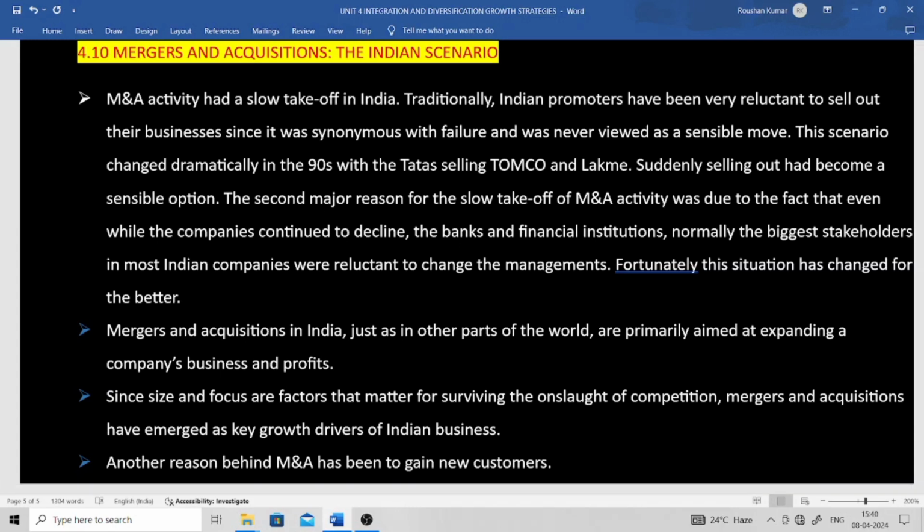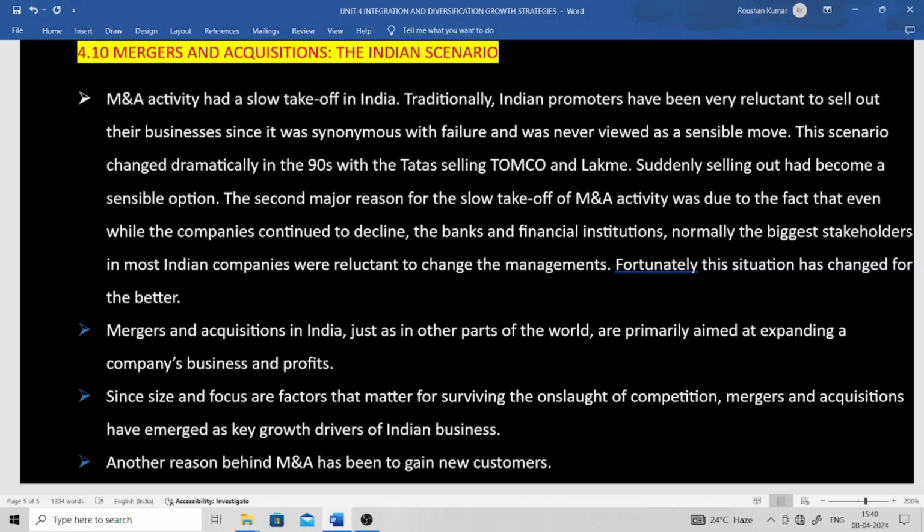Traditionally, Indian promoters have been very reluctant to sell out their businesses since it was synonymous with failure and was never viewed as a sensible move. This scenario changed dramatically in the 90s with the Tatas selling Tomco and Lakme. Suddenly, selling out had become a sensible option.